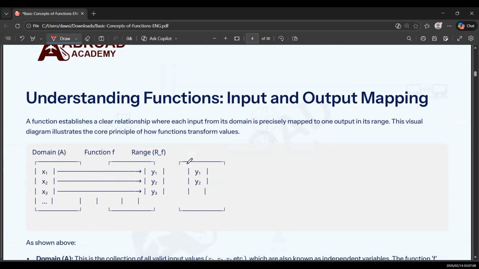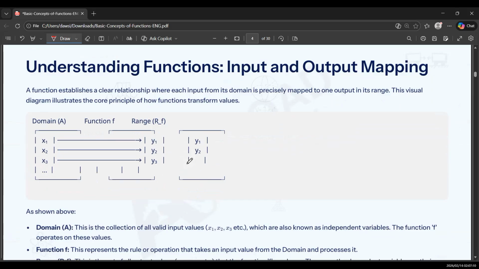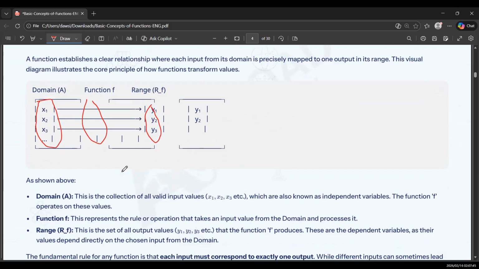Understanding functions: input and output mapping. A function establishes a clear relationship where each input from its domain is precisely mapped to one output in its range. This visual diagram illustrates the core principle of how functions transform values. Here domain A is all values of x, here's the function, and all values of y are the range.